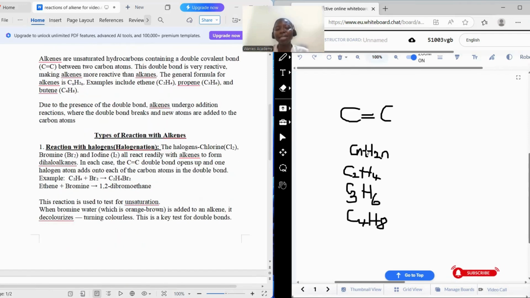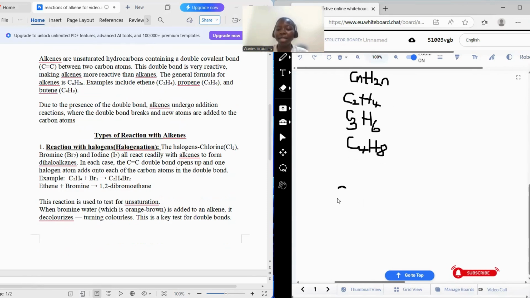The first on our list is reaction with halogens, which is called halogenation. When we say halogenation, we're talking about the elements in group 7, the halogens: chlorine, iodine, bromine, and the likes. When we react these halogens with alkenes, it leads to halogenation. Let's give an example.